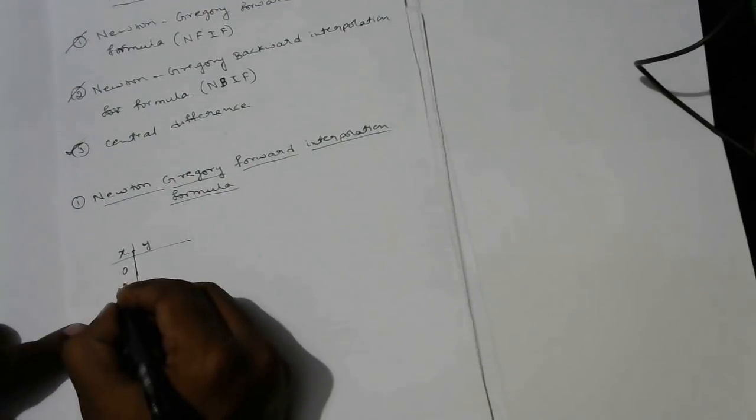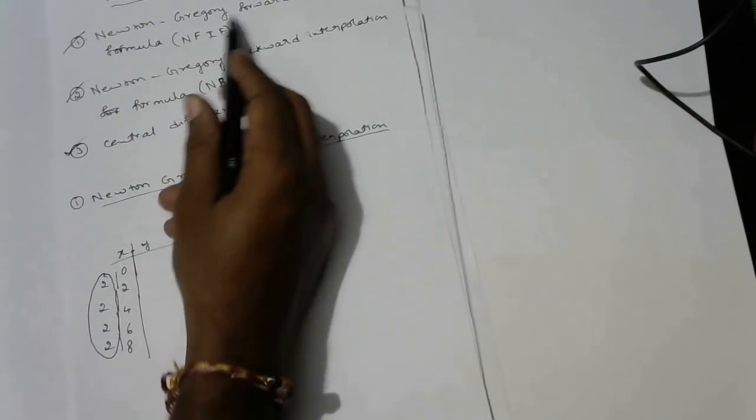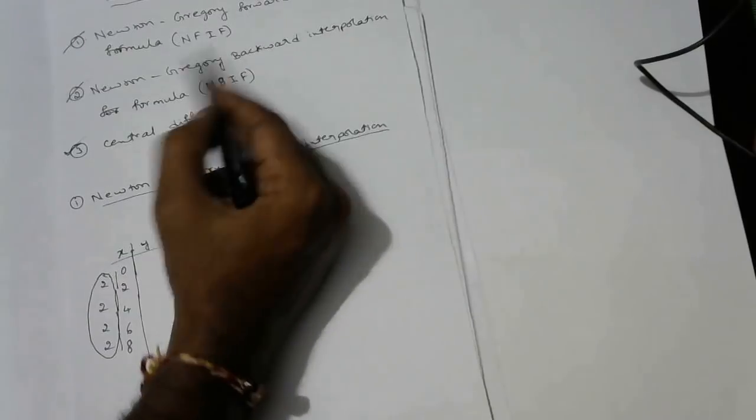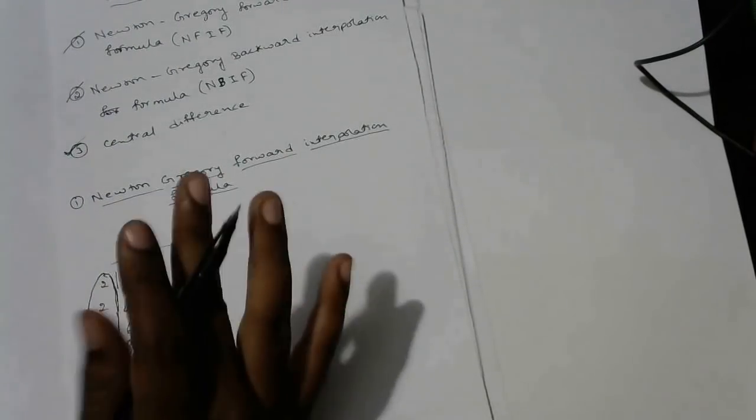Here they gave 0, 2, 4, 6, 8. So 2 minus 0 gives 2, 4 minus 2 is also 2, 6 minus 4 is also 2, 8 minus 6 is 2. So these differences are equal, then you can go for equal intervals. Then you can use the Newton-Gregory forward or backward interpolation formula, and central difference also. The differences should be the same, remember that.